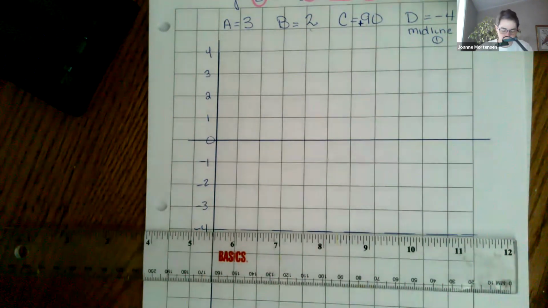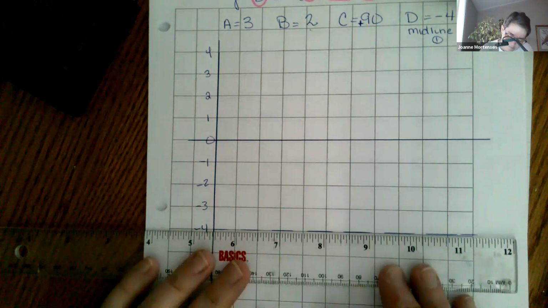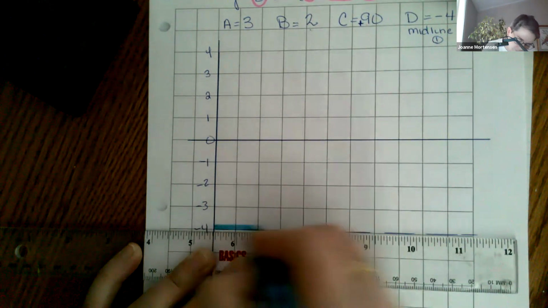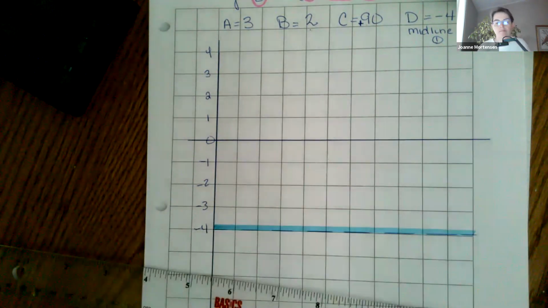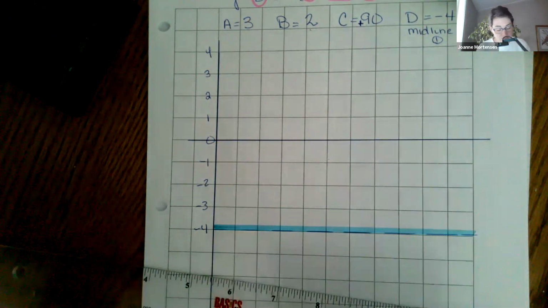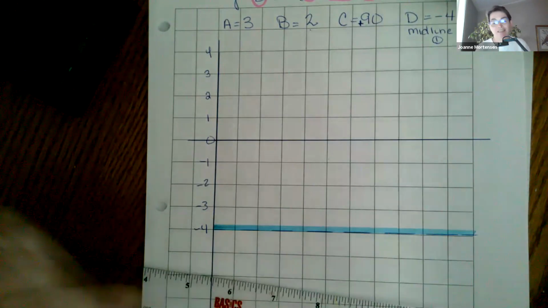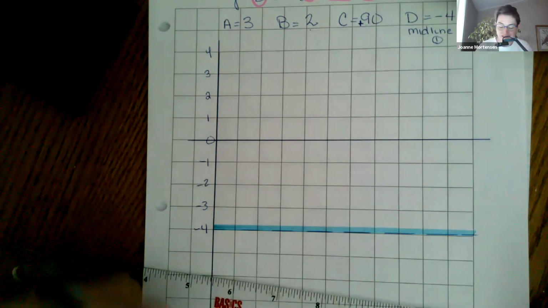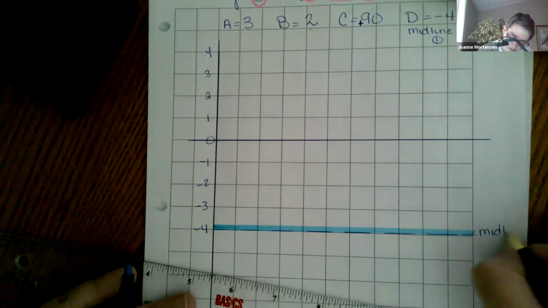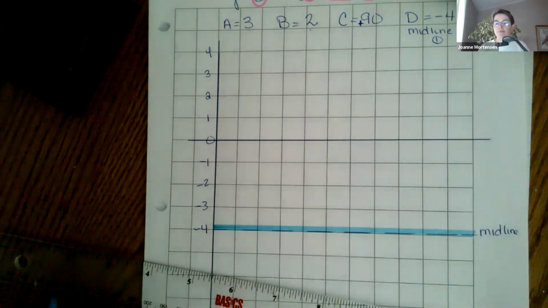Doesn't matter. For those of you that are concerned, you need to mark off the midline somehow. You can just highlight it. You can just draw the dotted line. You don't have to do both. But today I felt like doing both. And I'm also going to label it over here so I don't get confused.